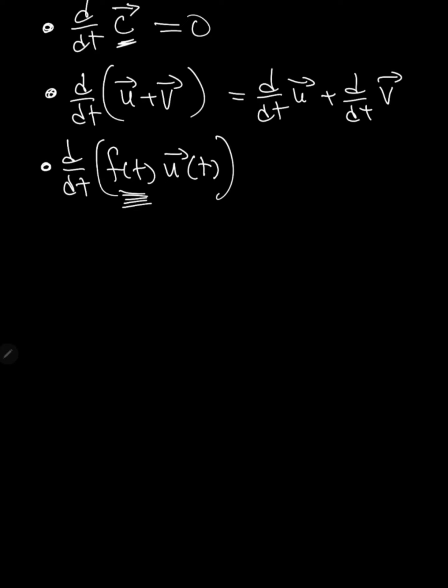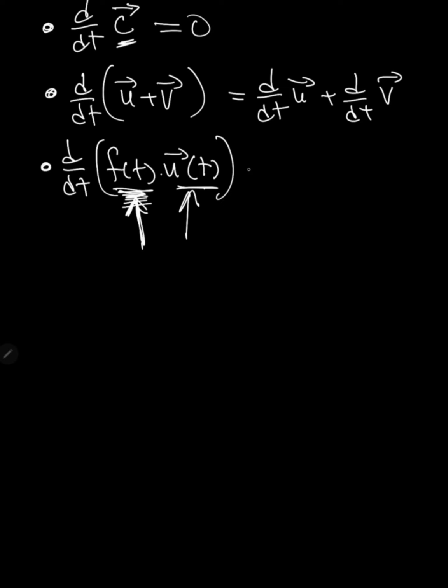But the interesting thing here is that if t is fixed, f of t is just a scalar, and u of t is a vector. So this product, f of t times u of t, is actually scalar multiplication of a scalar times a vector. So it's not just regular multiplication, at least the way it's written here.